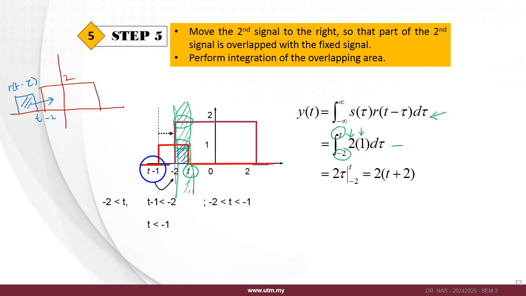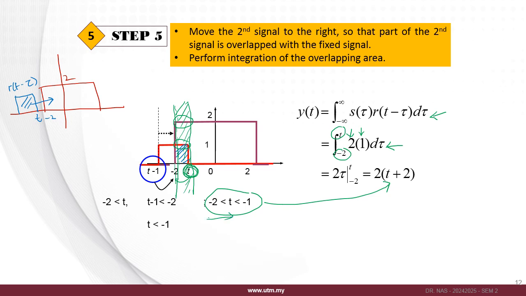So then you perform the integration. At this range of t, the output is 2t plus 2. So how do you get this range?